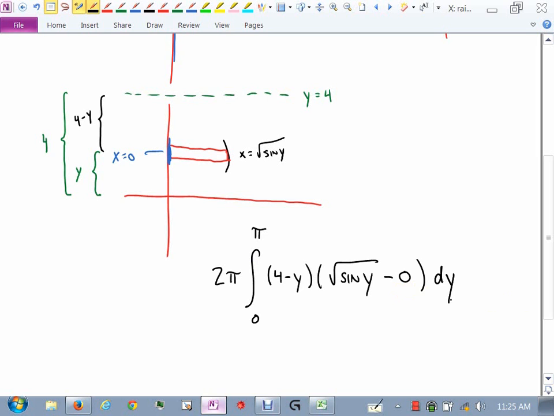And then to do that integration, believe it or not, I don't think we have a technique of integration that would be able to handle that. If we distributed this through to these two, our techniques of integration would fail. So using a computer to solve that would be the way to go.